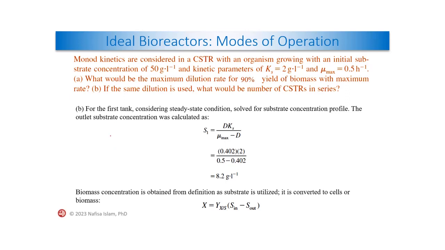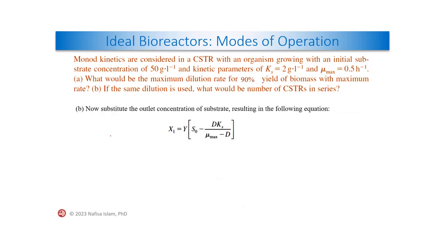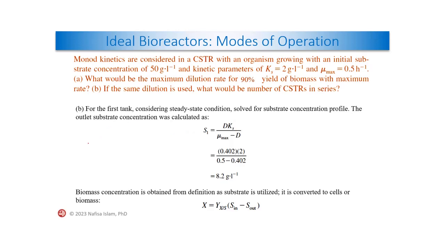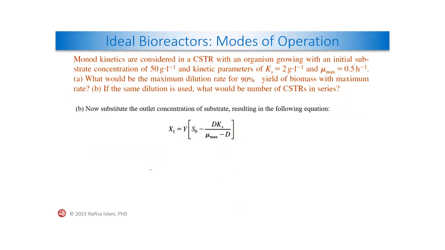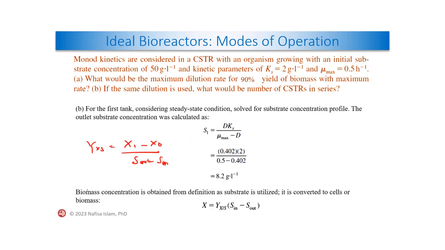And we have done that. We have actually some formula. But even if you don't know the formula, you can just think of Y_X/S as (X1 minus X0) by (S1 minus S_in), or S0, however you like it. They have used S out minus S in, however it fits you. So just rearranging this, and this is 0.9 and this is 0.